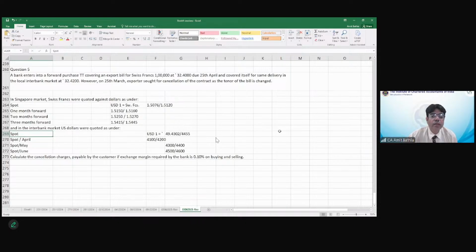So spot, you have USD 1 is equal to rupees 49.4302 slash 4455. Then you have spot April, spot May, and spot June, which is provided to you. Calculate the cancellation charges payable by the customer if exchange margin required by the bank is 0.10% on buying and selling.